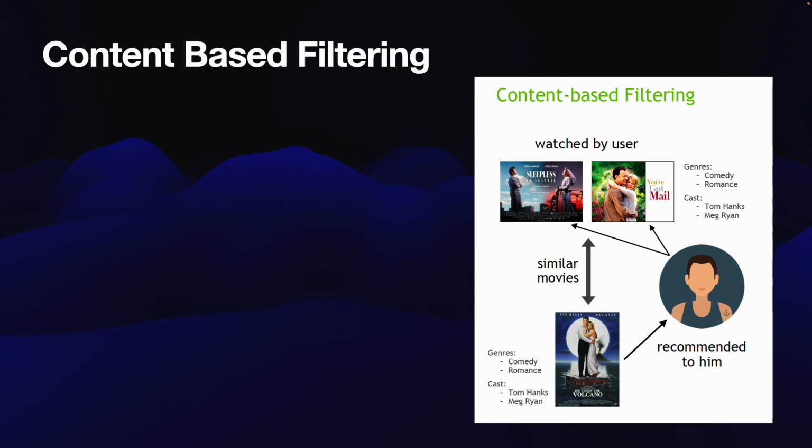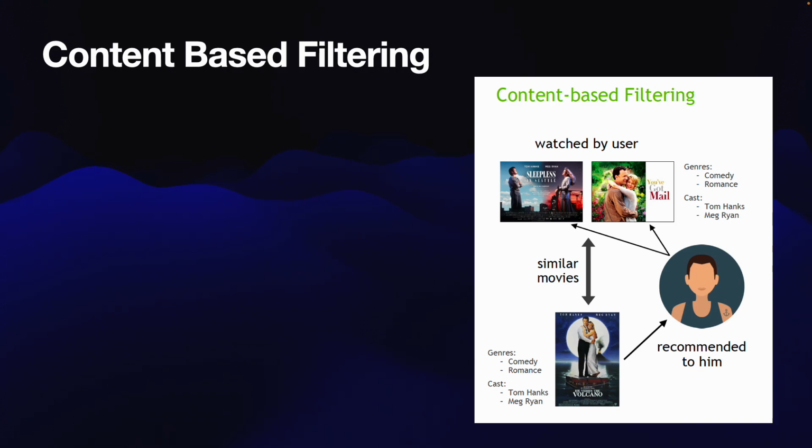Thank you. So let's begin with the first type of recommendation systems, called content-based recommendation systems. Those are very simple and I think very easy to understand. For example, if this user, let's call him Tom, likes these two movies, and we know that these movies are romance or maybe comedy, they star very cool actors like Tom Hanks and Meg Ryan.